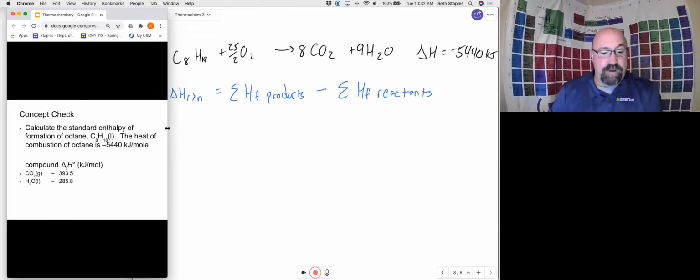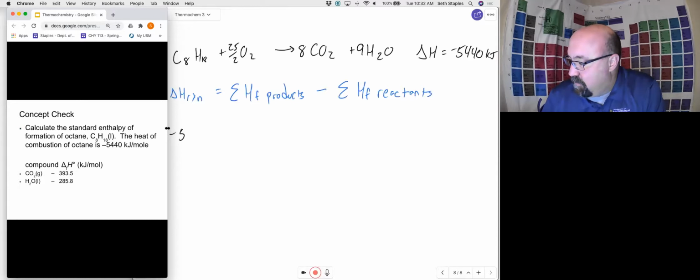And so let's start putting some of those numbers in. We know the delta H of this reaction. We were given that to start out with. We were told that the delta H of this reaction is negative 5440. I'm just going to leave the units out for now, just to make it a little easier to see.